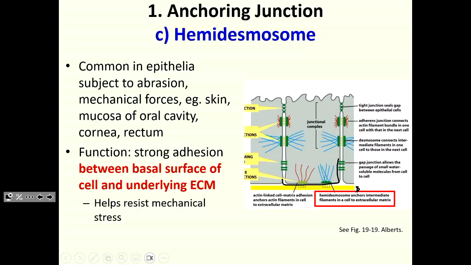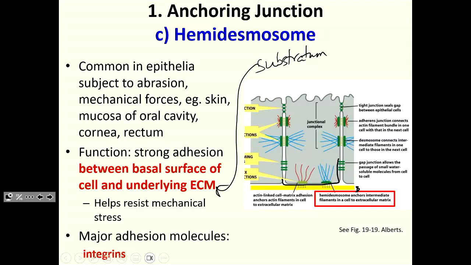Sometimes you say underlying ECM, sometimes we say the underlying substratum. That's just another word that you might see for ECM. Sometimes we'll say the underlying basement membrane. Sometimes we'll say the underlying basal lamina. Again, you're building your dictionary.